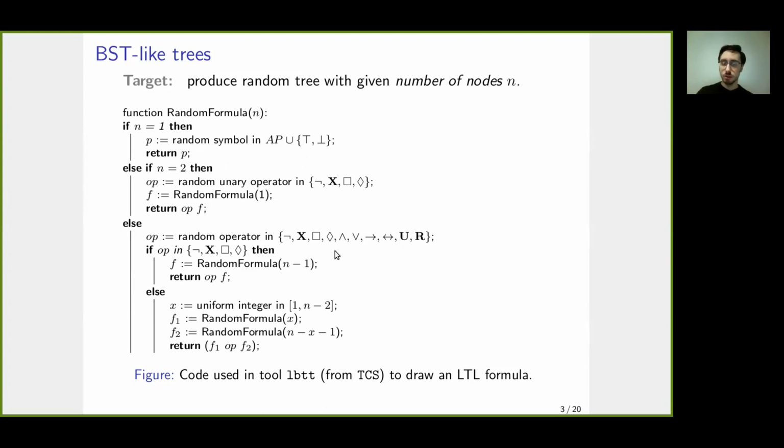If the root corresponds to a unary operator, then we produce the child recursively by the same procedure, which is now of size n-1. And in the binary case, we must also decide the number of nodes that correspond to each child. So how do we do that? We pick the number of nodes uniformly.